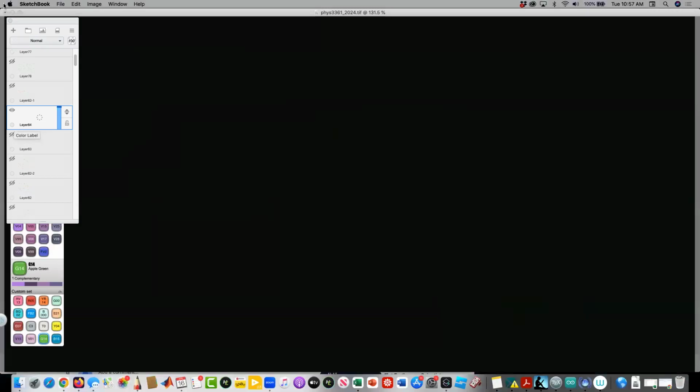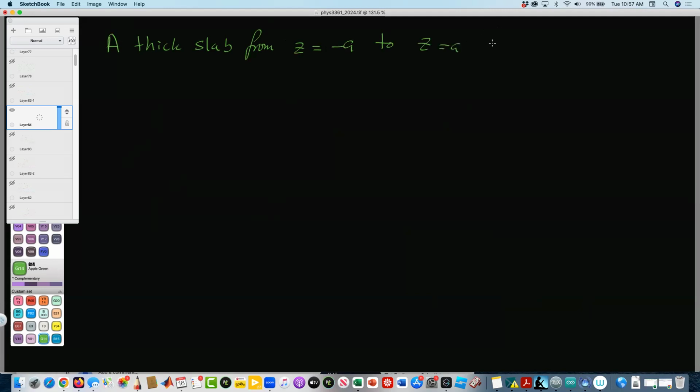Okay. So we have, this is the last part. Let me move this Zoom thing. All right, so we have a thick slab from z equal negative a to z equal a.